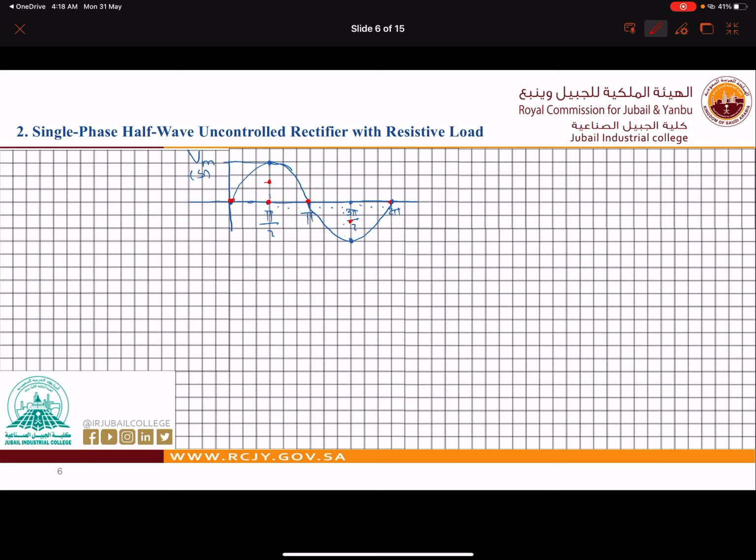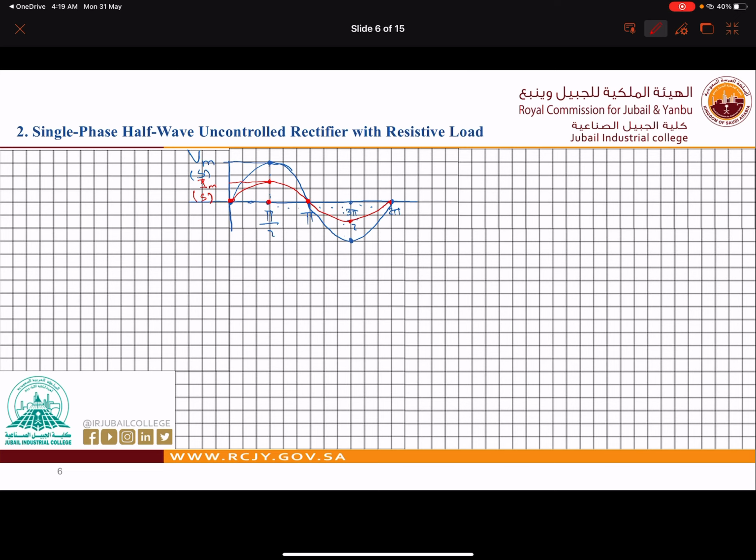So we can just connect the points together. This is the peak I maximum, and again it is for the supply. Now this is how to draw the supply waveform. Of course the supply waveform will be given to you, but I just want to show you how we can draw it together.